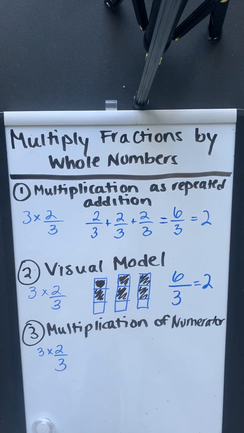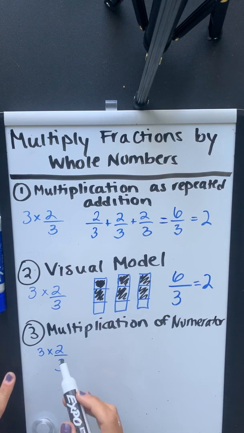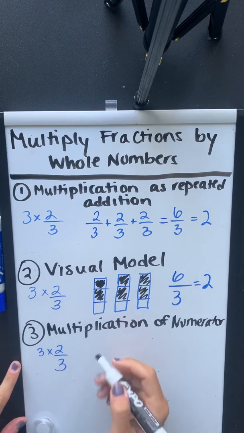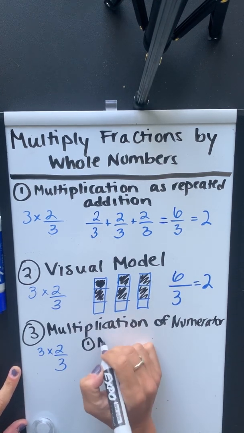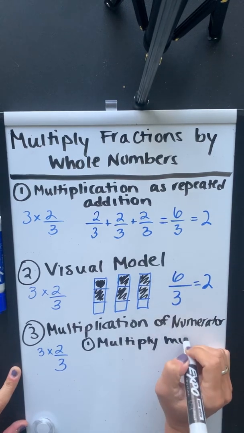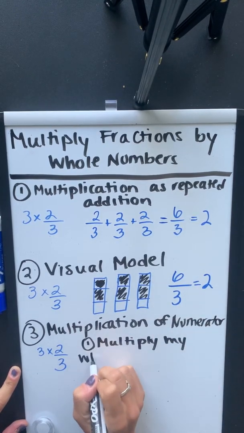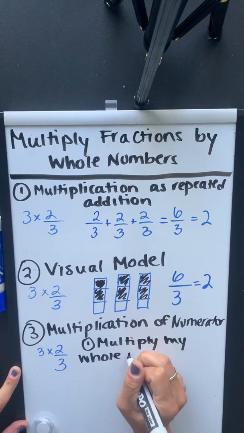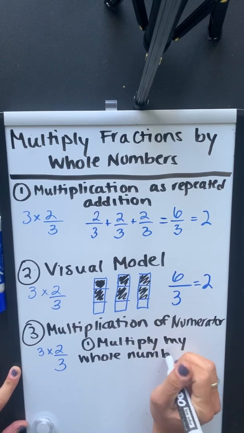My third way is multiplication of my numerator. So this is a really simple way. This is how I learned how to multiply fractions, and probably your parents did too. So they can help you with this one if you're confused. All I do is multiply my whole number by my numerator.